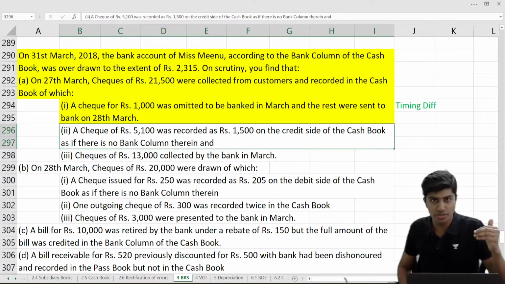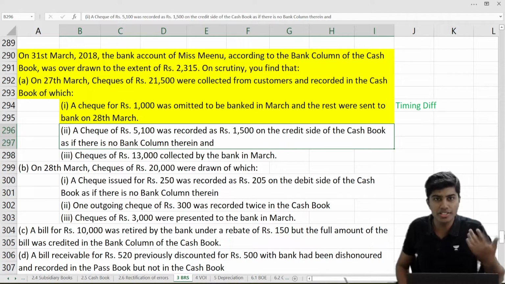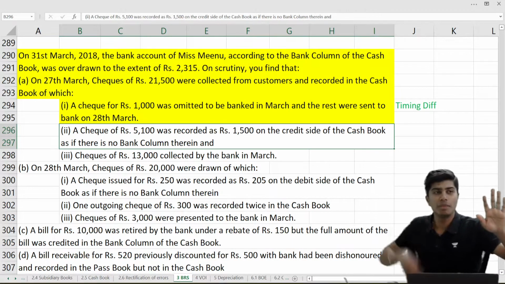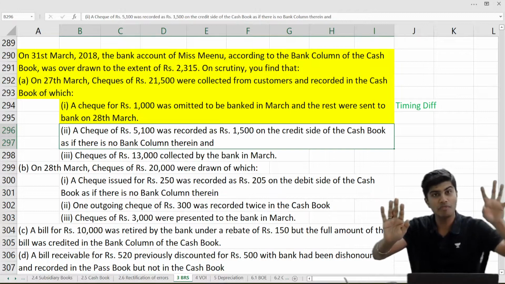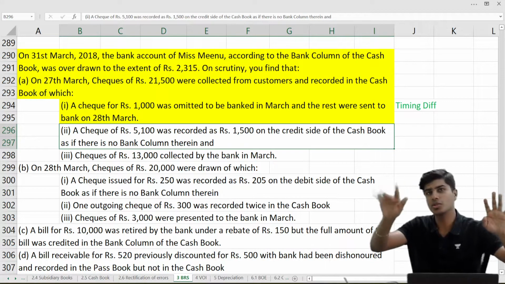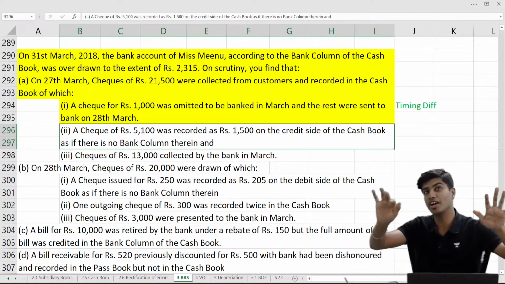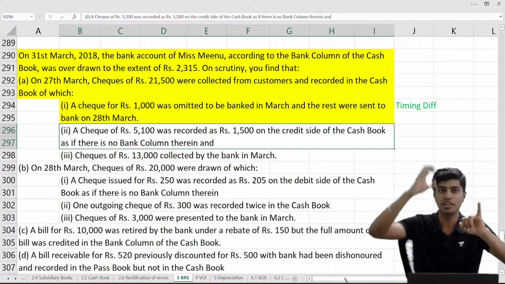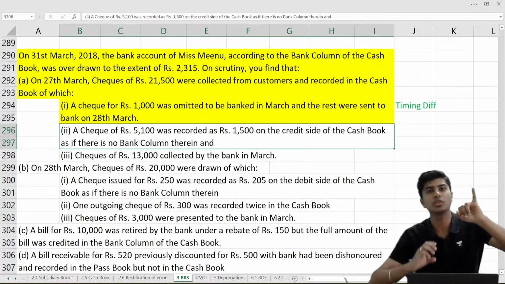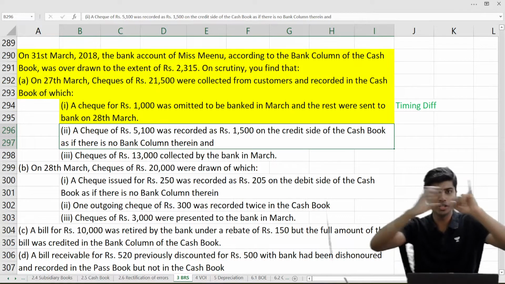So, in simple language, it is a check received. When the check is received, they should have written it on the debit side. Check received, deposit, debit side. By mistake, they wrote on the credit side. One mistake. Second mistake is it should have been 5100. They wrote it as 1500. So 5100 debit has been recorded as 1500 credit. So what has happened? Cash book should have increased by 5100. Cash book has been decreased by 1500. So in order to compensate, I should increase my cash book by 1500 first to bring it to zero.